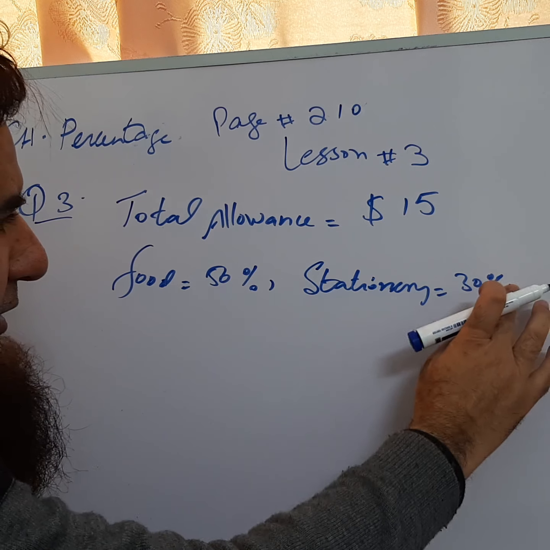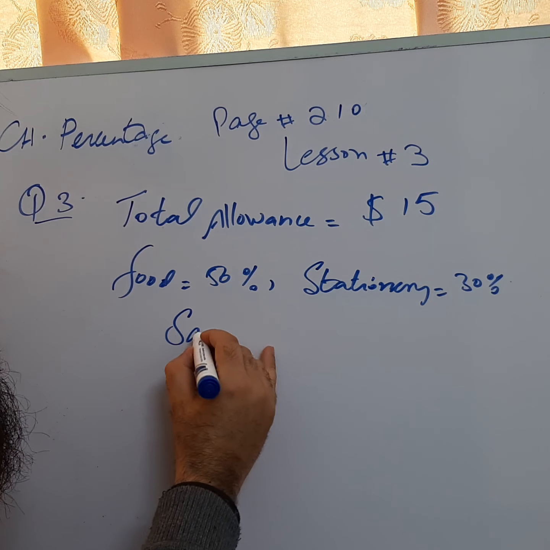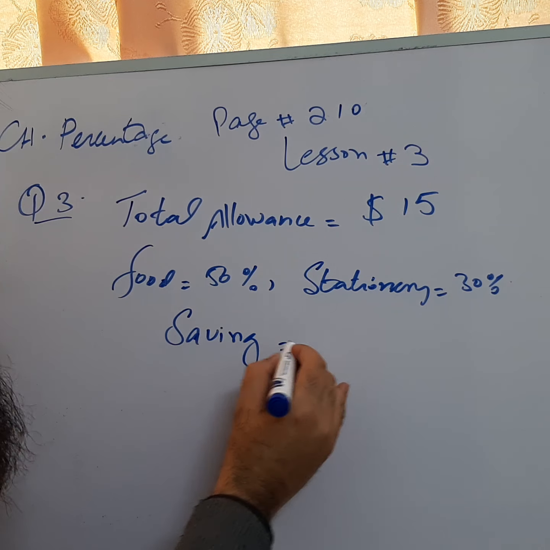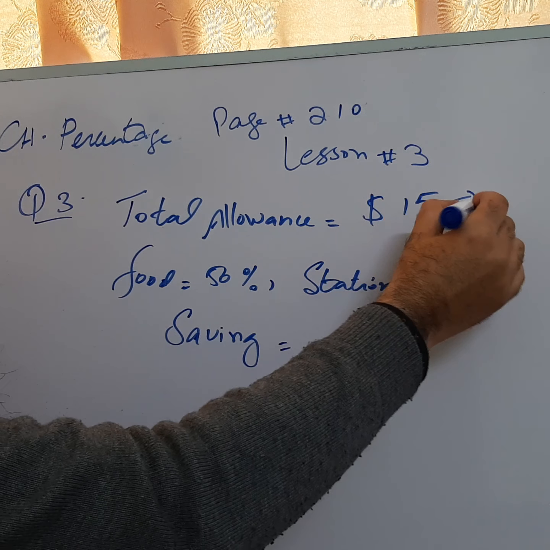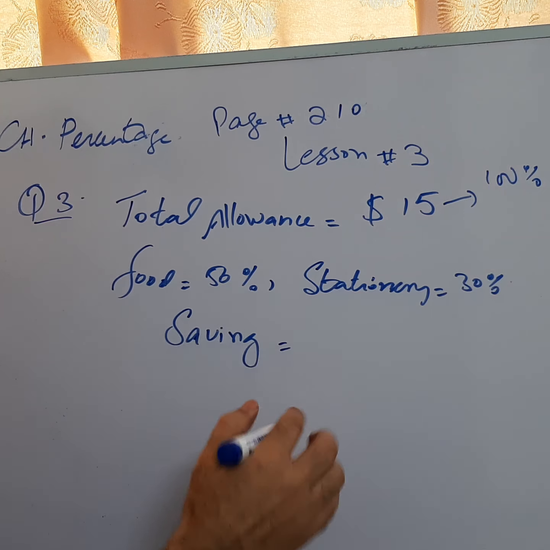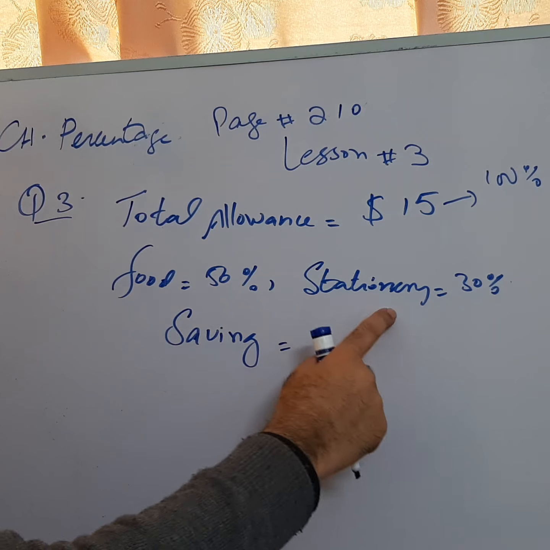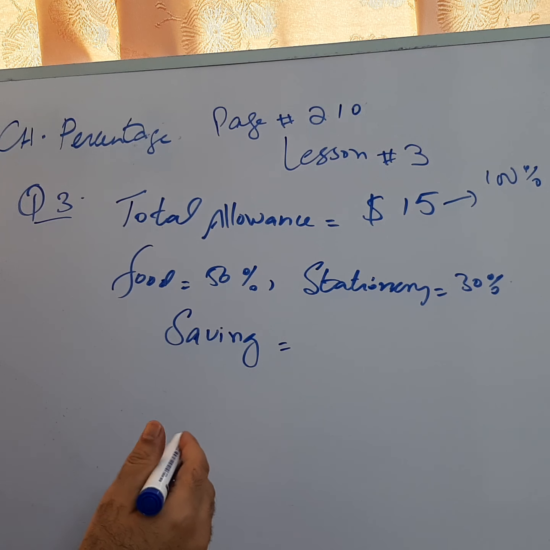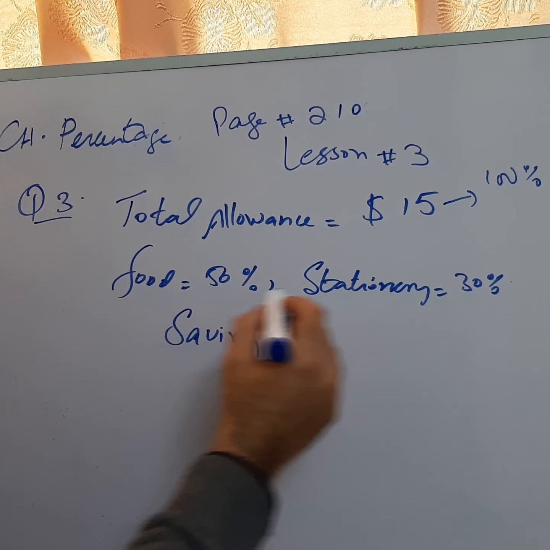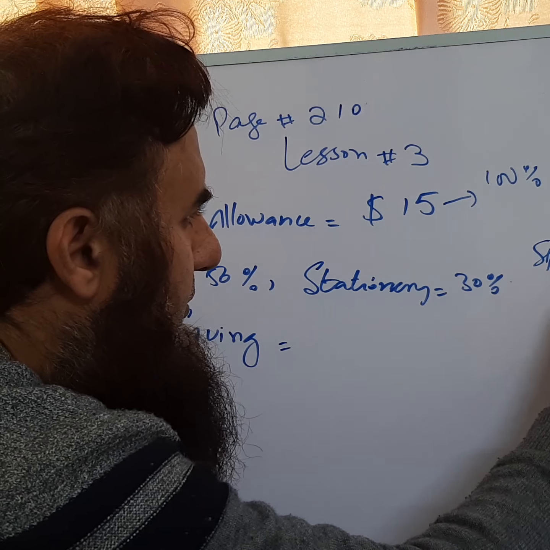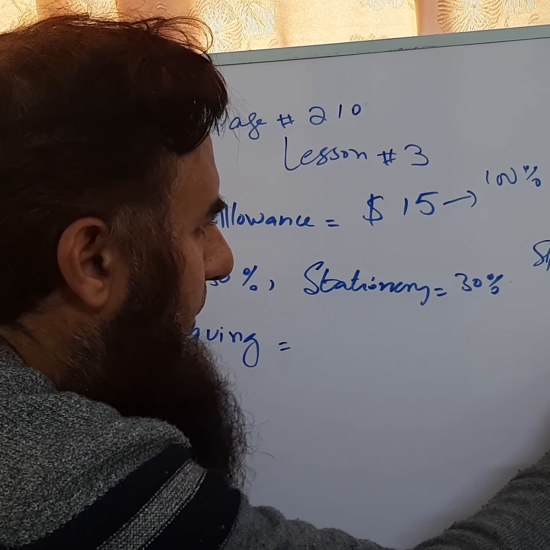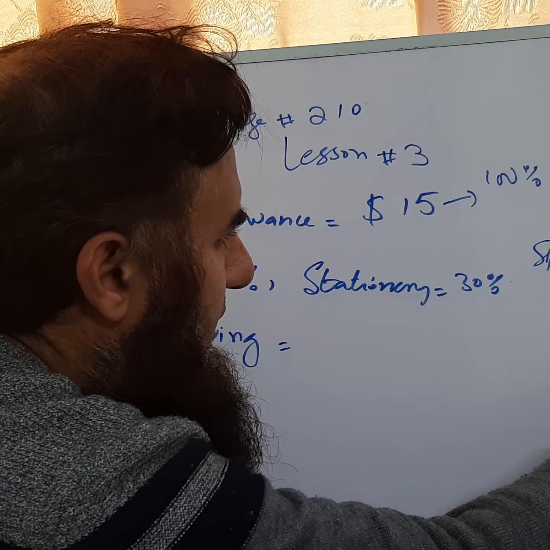And the remaining was saved. Okay, saving how much? We know that this is 100%. Out of this 50% was on food, 30% on stationery. So how much did she spend? She spent 50% plus 30%, total 80%.